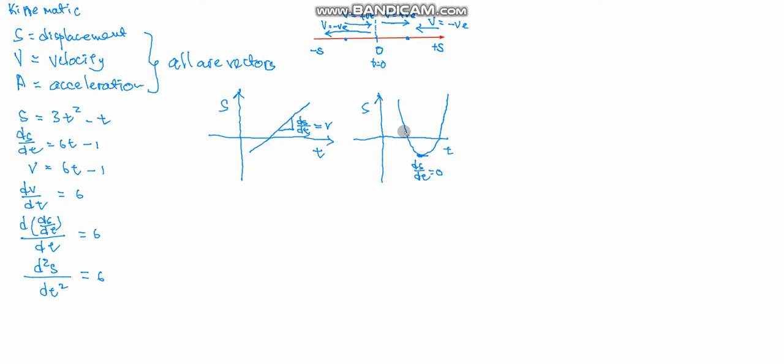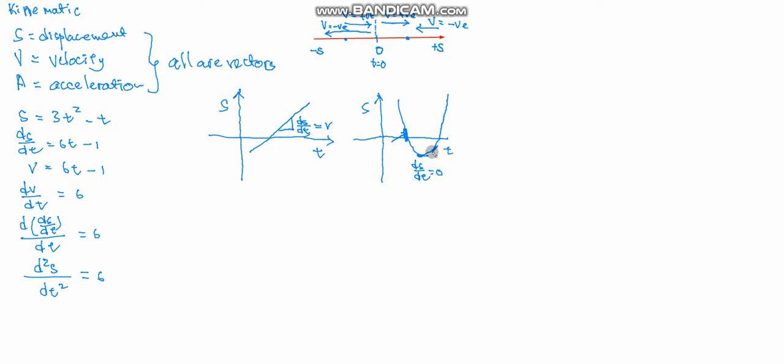Now what about the gradient? The gradient at this point is the velocity. The gradient of the tangent at this point is actually ds/dt, and that gives you the velocity at this point.